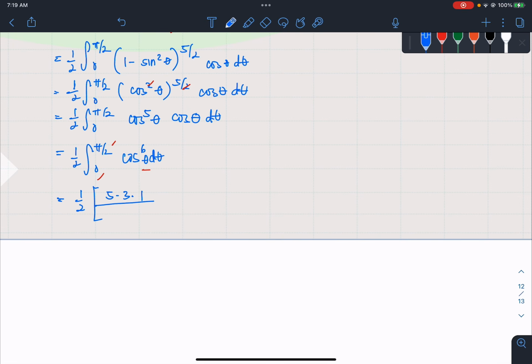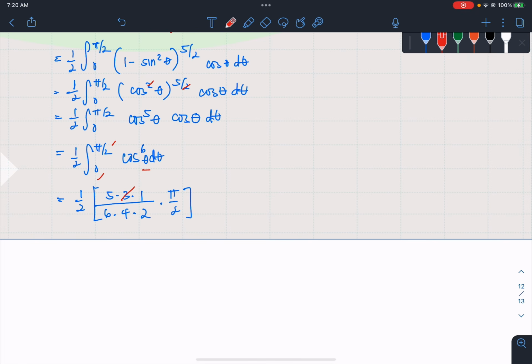And at the denominator, that will be 6 times 4 times 2. And then of course, multiply it with pi over 2, since this is even.